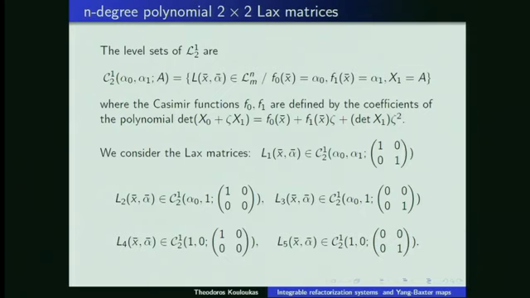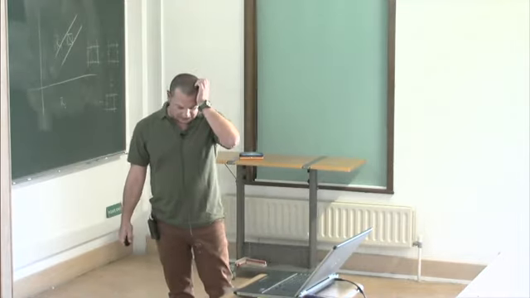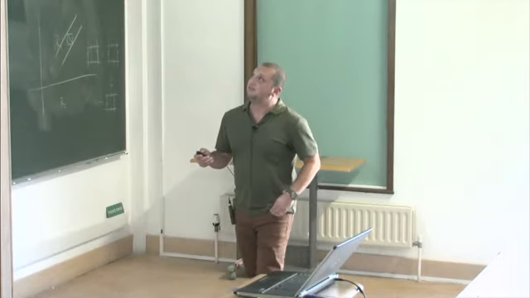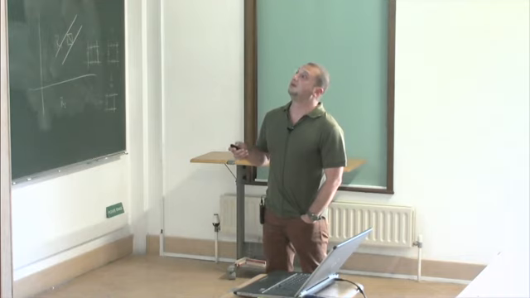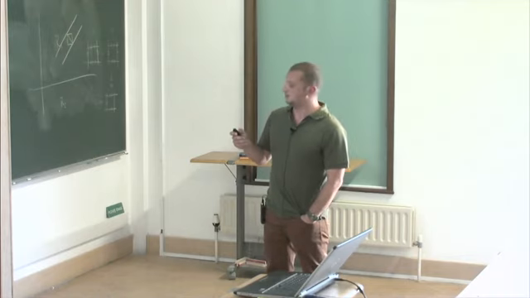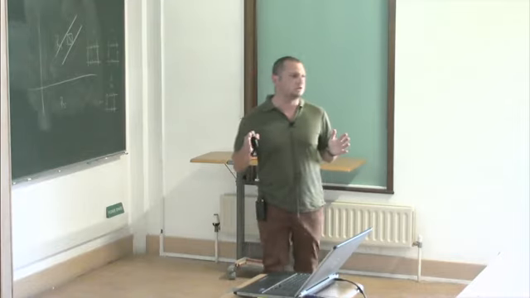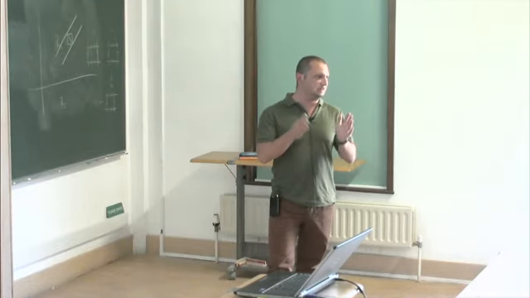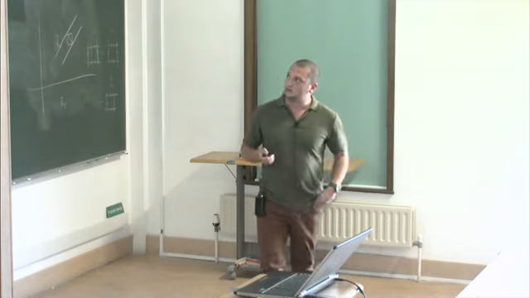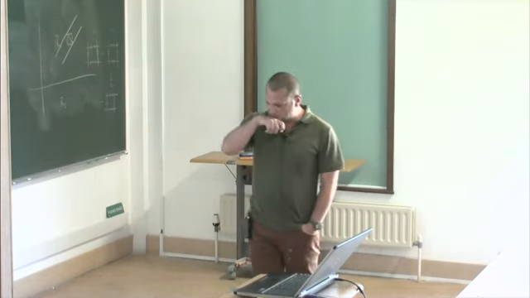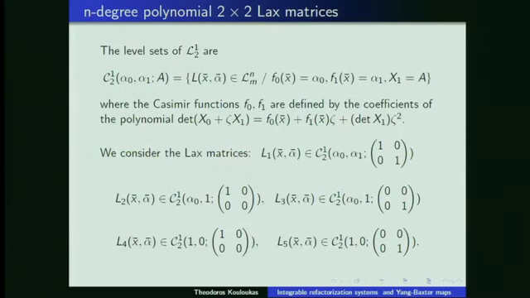And one can, of course, ask if this case includes every case, that is, if every n-degree polynomial 2 by 2 Lax matrix can be decomposed in a product of linear Lax matrices. So, of course, this is a difficult question to be answered. So, for this reason, we would like to describe the symplectic leaves of the n-degree polynomial matrices.